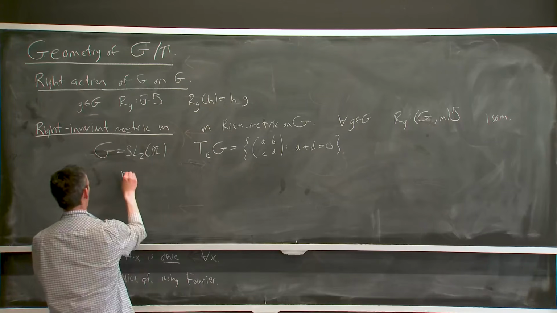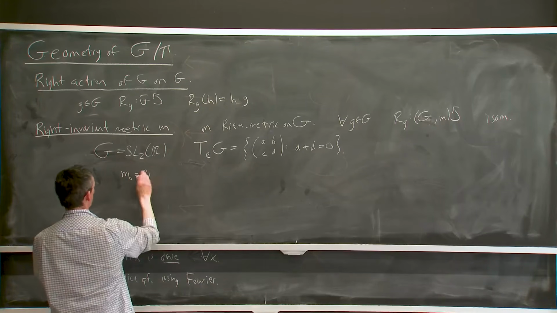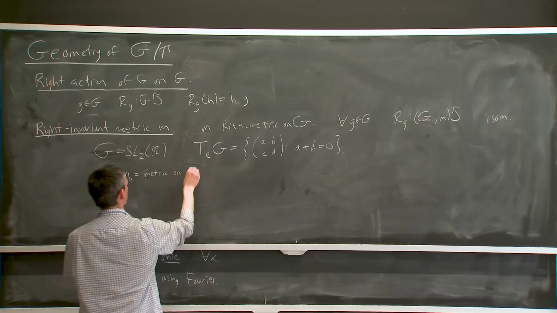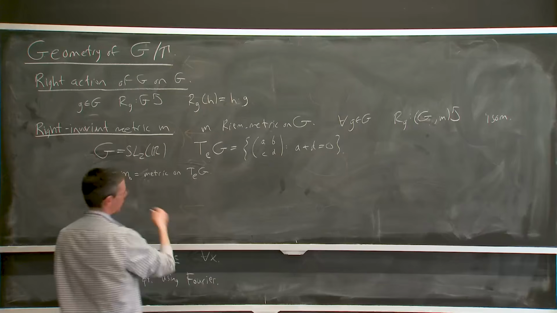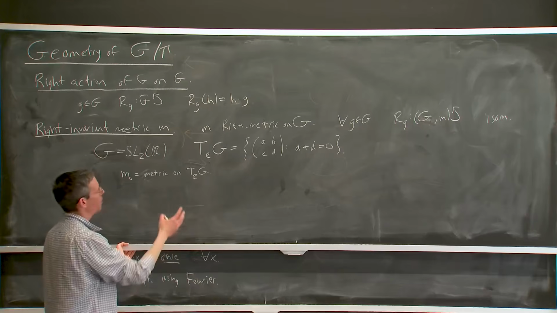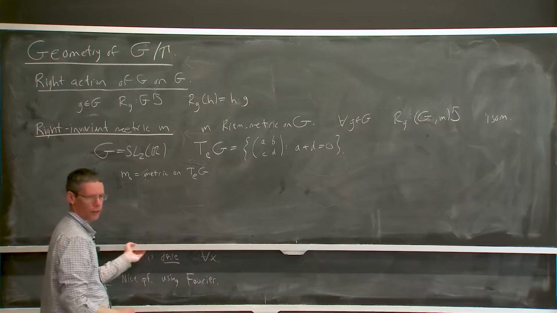So now M naught is going to be a metric on T_E of G. And I can specify it by specifying an orthonormal basis. This choice doesn't matter a lot, but there's a convenient choice.